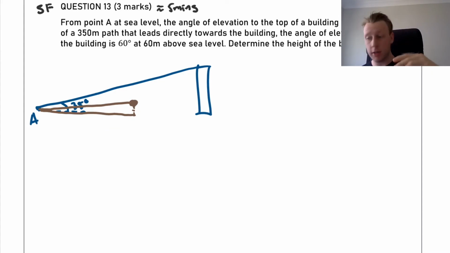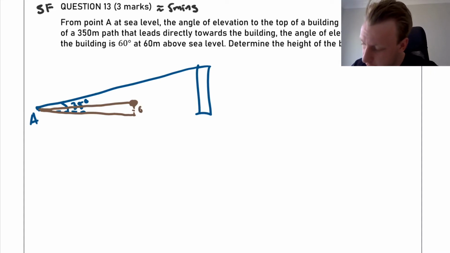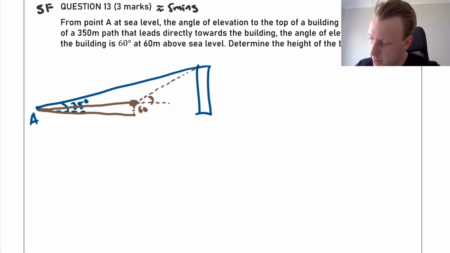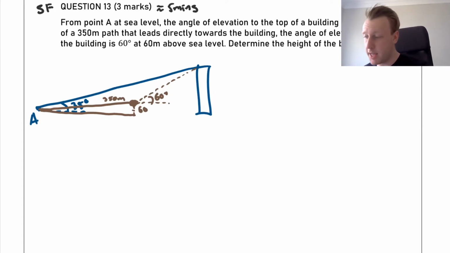You've been on an incline. So here you're 60 meters above, where the angle of elevation is now going to be 60 degrees, and that was a 350 meter long path there. And we will determine what is the height of this building.